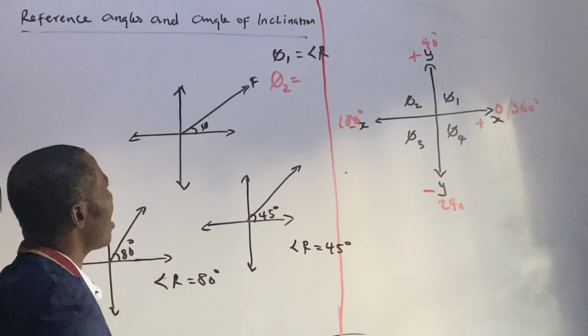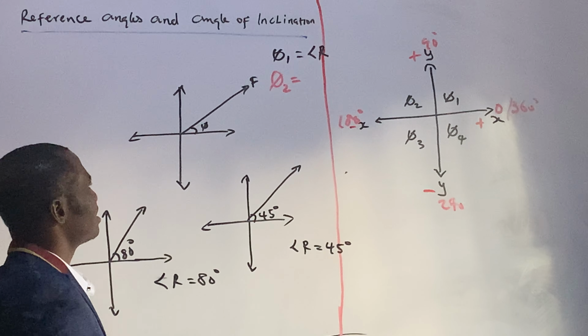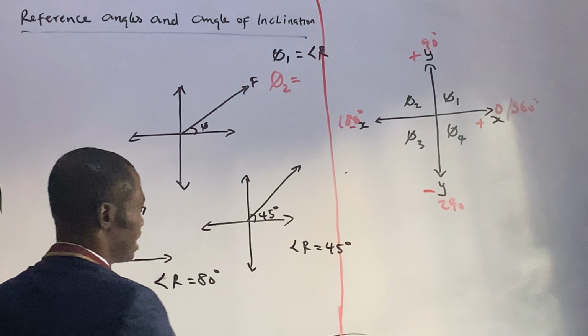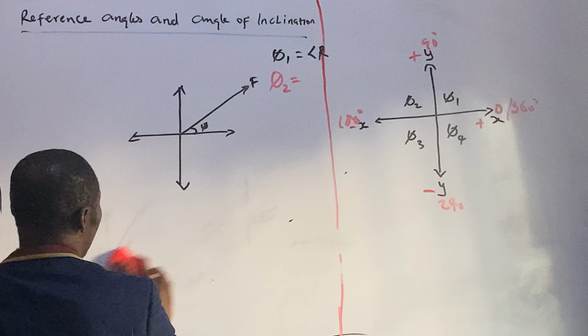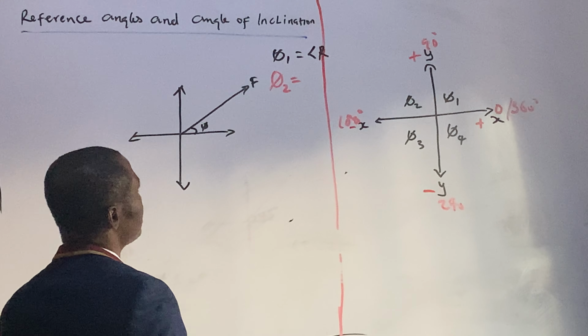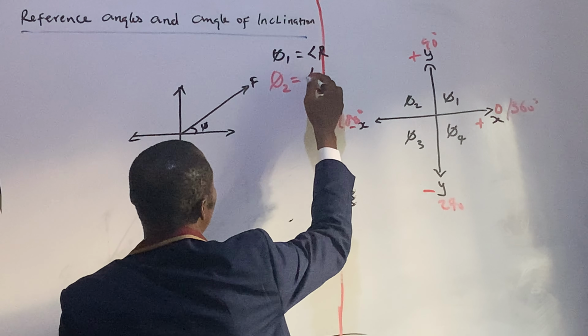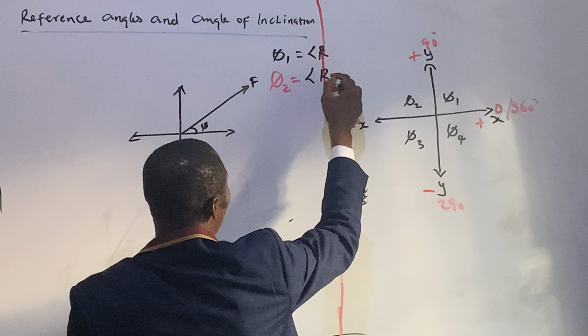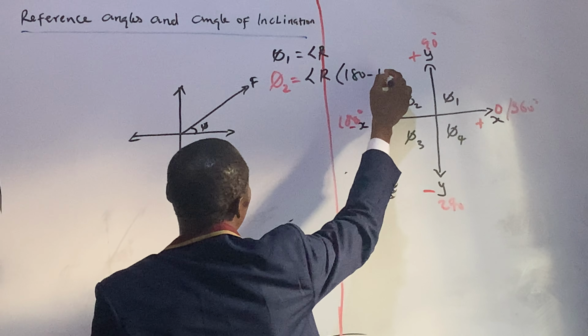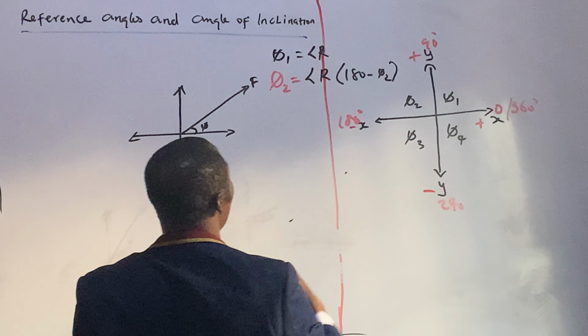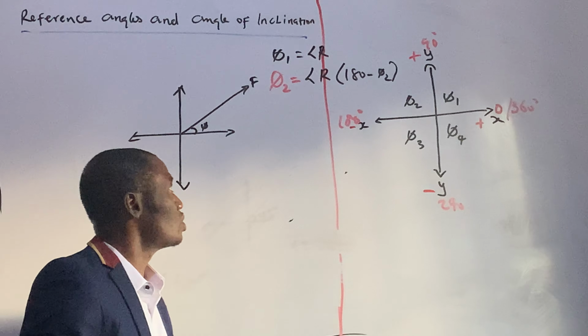Now, for the angle that is inclined in the second quadrant, let me give you an example. You need to know that the reference angle will now become 180 minus theta 2.